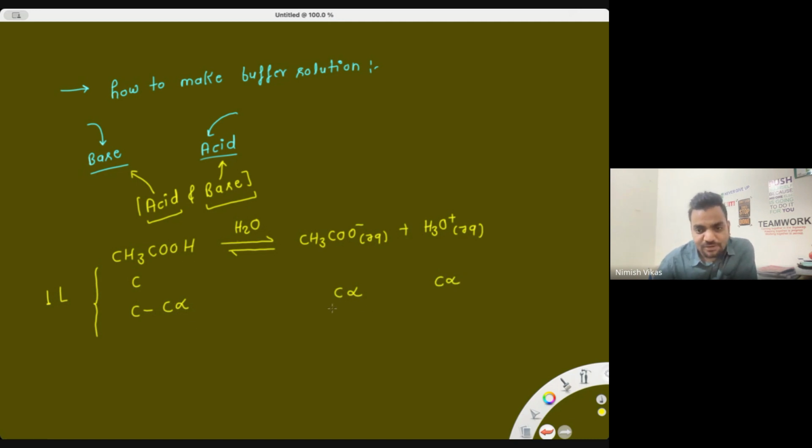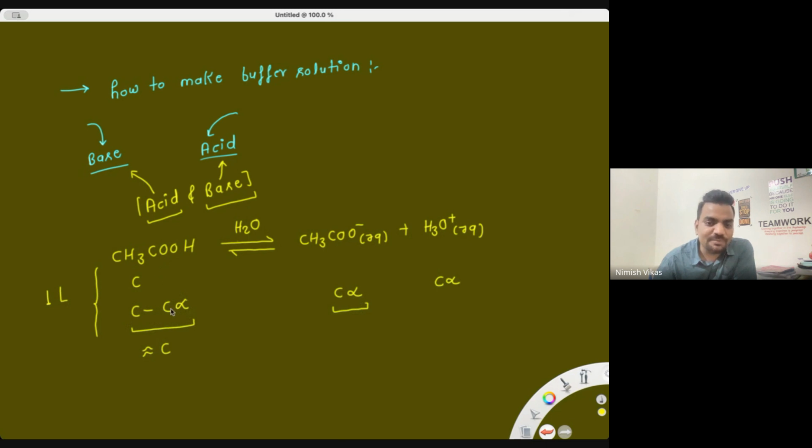So C alpha value is very small in comparison to C minus C alpha, because C alpha is negligible in comparison to C. So C minus C alpha is almost C only. Alpha, which is the degree of dissociation of this acid, will be roughly 1% or 2%. Being a weak acid, it does not dissociate enough.